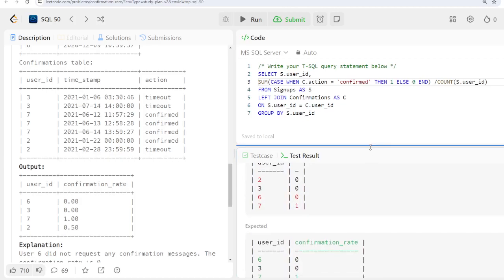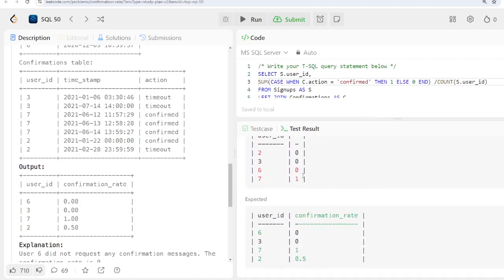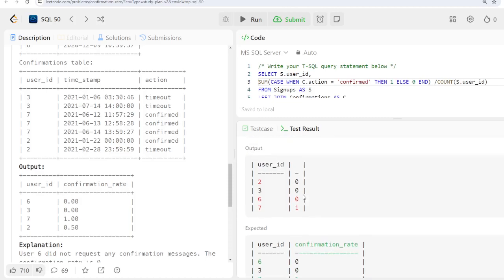Why? The output that should be is this. So for 2 it is 0, but for 2 we should be getting 0.5. Why am I getting 0? Because when I am doing 1 by 2, the value should be 0.5, but in SQL Server, if I'm dividing integer by integer, the answer will be an integer.